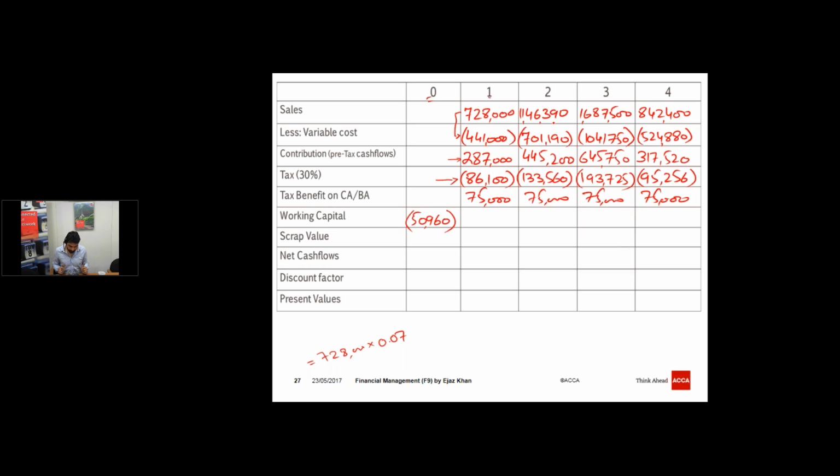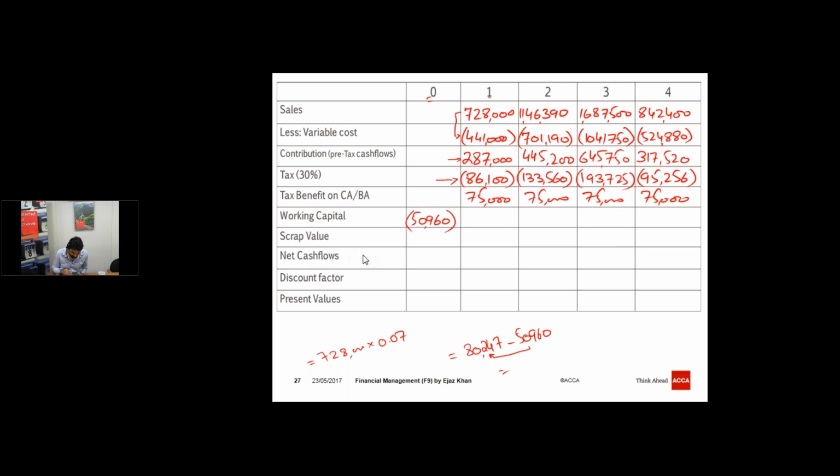It's not the additional requirement for year two. So the total requirement for year two is 80,247, of which we have already inducted 50960. So we will only induct the additional amount, that is 80247 minus 50960. So we'll only incorporate the additional amount that we need for year two operations.